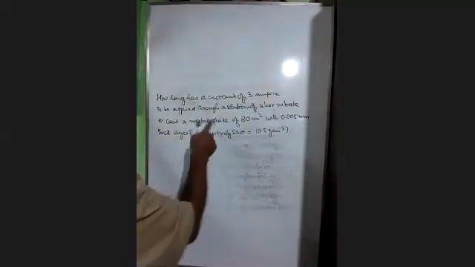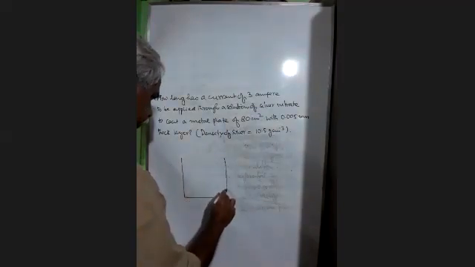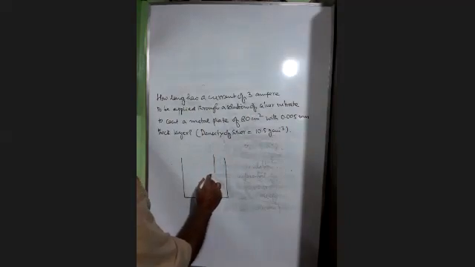Say they have made a silver plate. Okay, now see. Say this is the plate. Sorry, not the silver plate. This is the metal.